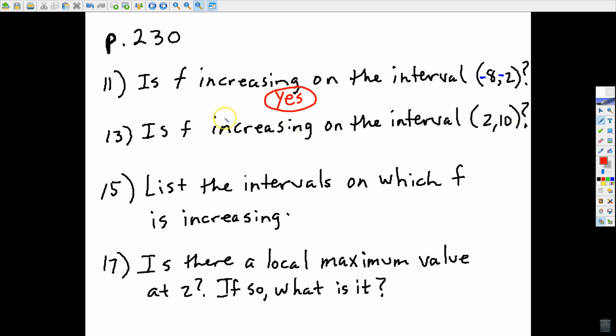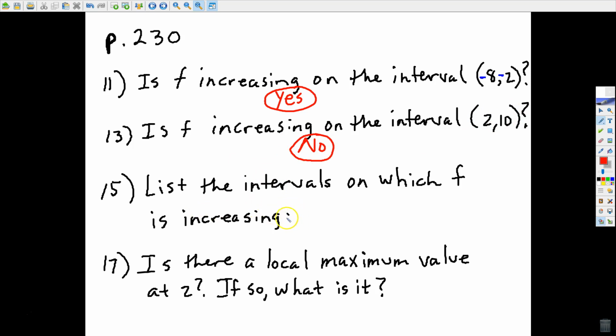Well, I do agree that it is increasing on the interval from x is 5 to positive infinity, but in the interval from x is 2 to x is 5, in other words, from the point (2, 10) to (5, 0), it's decreasing. So the answer to this would be no, it's not a continual increase in this entire interval. It does increase in part of it, but not the whole interval. So the answer to number 13 is no.